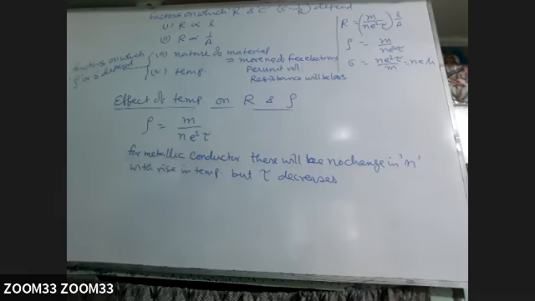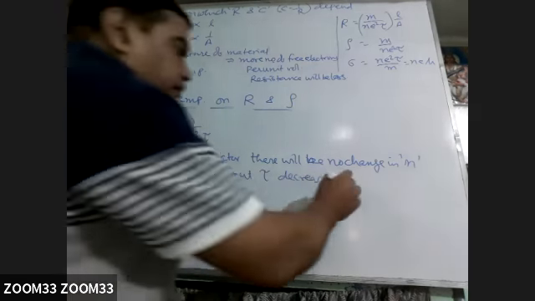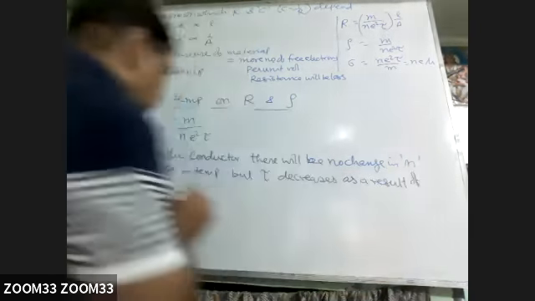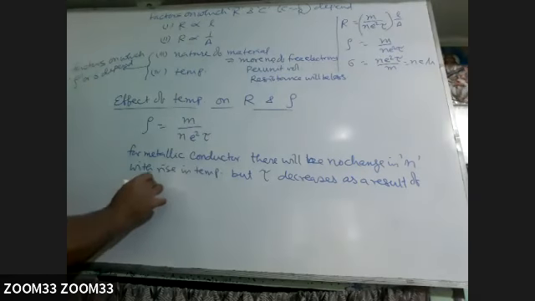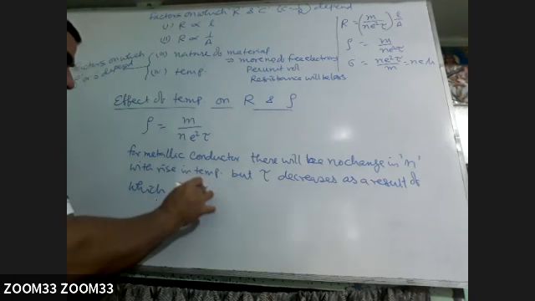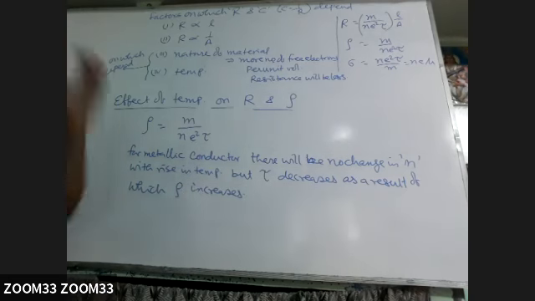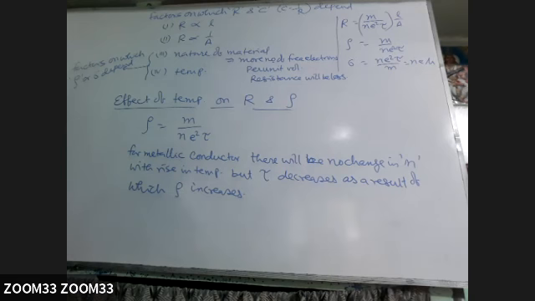Naturally, as a result, rho increases. Rho increases means R will also increase. That is in case of a metallic conductor.